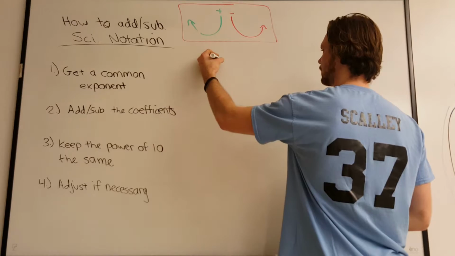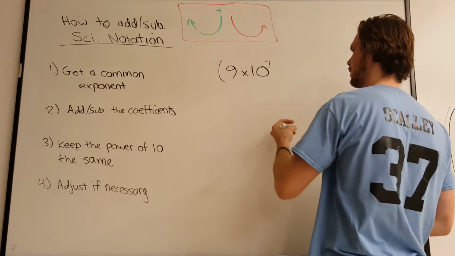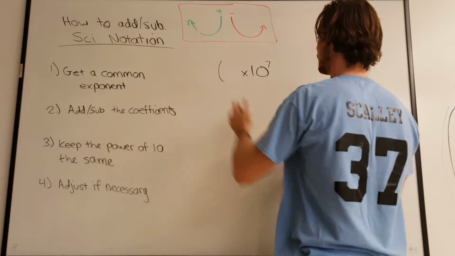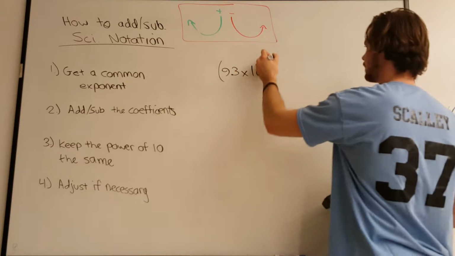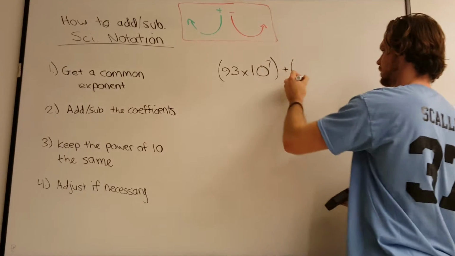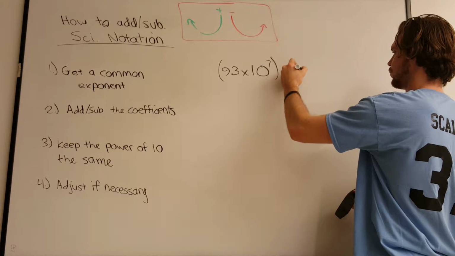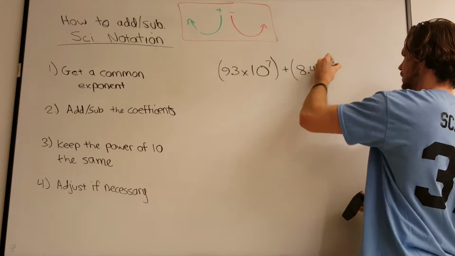Let's do 9.3 times 10 to the 7th plus, let's do 8.4 times 10 to the 6th.